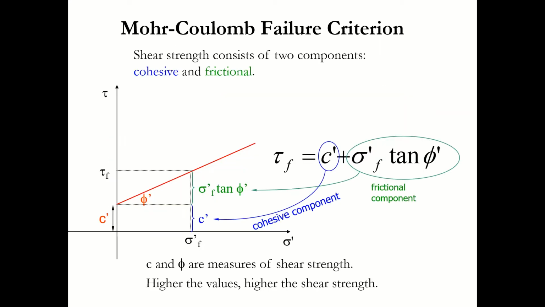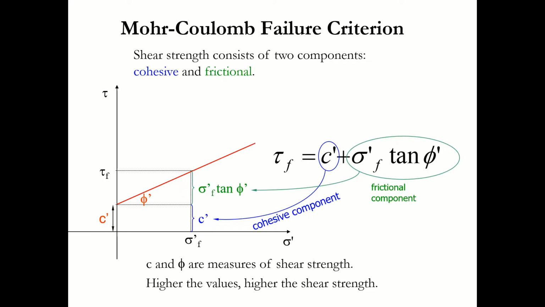Before going to the details of the triaxial shear test, I want to discuss the Mohr-Coulomb failure criteria and the Mohr circle. In the last class, you got an idea about the Mohr-Coulomb failure criteria, which states a critical combination of stresses of a soil at which the soil sample will fail. And we know that the Mohr-Coulomb failure criteria is a straight line if we plot it in the sigma-tau plane.